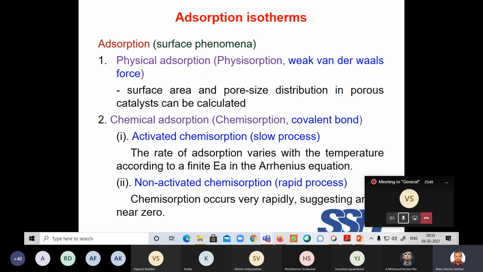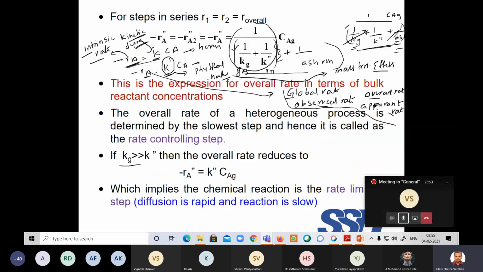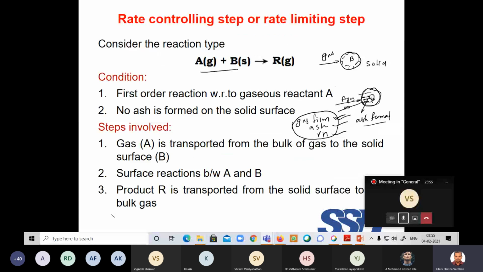Because when there is a solid involved, what we are assuming here is a gas is transported from the bulk phase to the solid phase. Then there will be a surface reaction at A and B, and the product is transported back. So in that process, the gas is going and sitting on the surface of the solid.